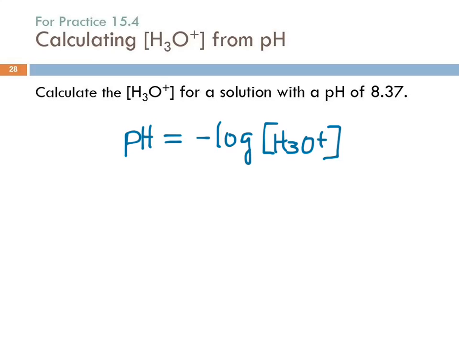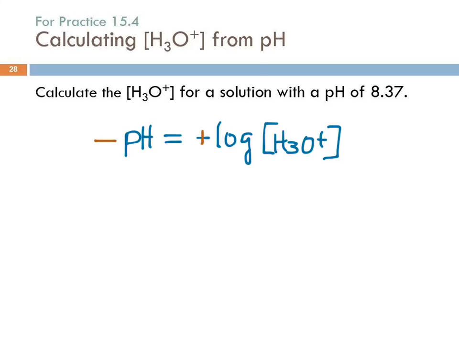But we want to know the hydronium ion concentration, so we need to rearrange this. The first thing I'm going to do is move that negative sign. I'm going to multiply both sides by -1. So now I've got negative pH is equal to the base 10 log of the hydronium ion concentration.